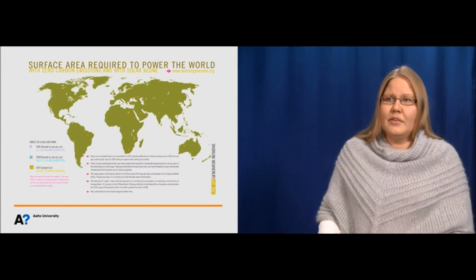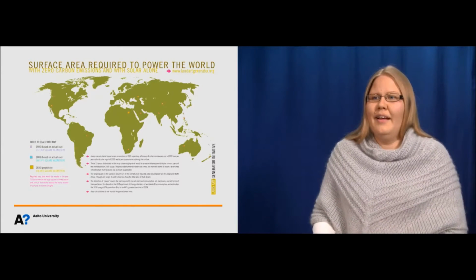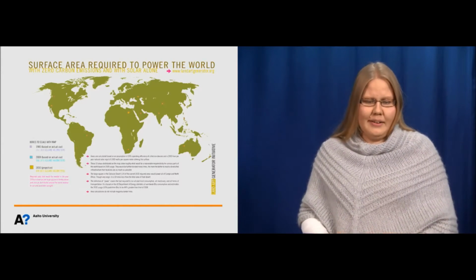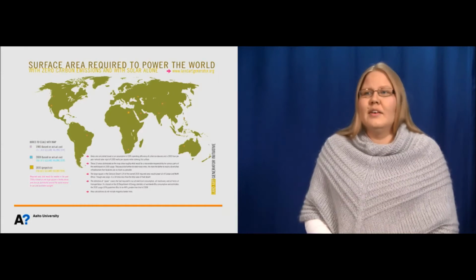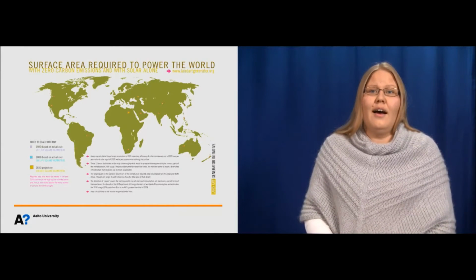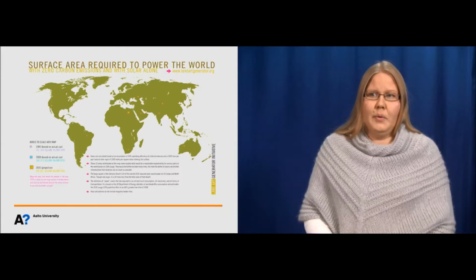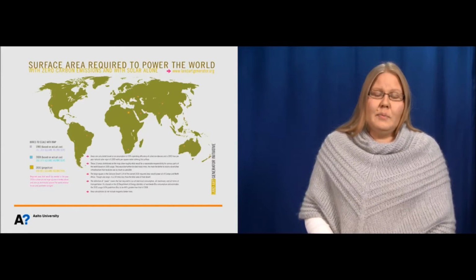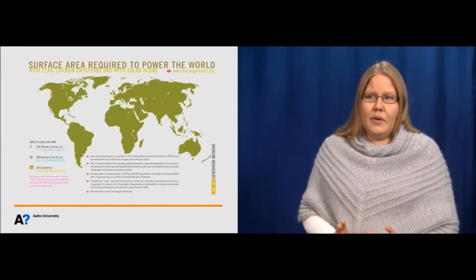And we discussed earlier about building a big plant of solar power. So in the map we can see how much area we would actually need to power the entire world. And that is depicted in the yellow color.